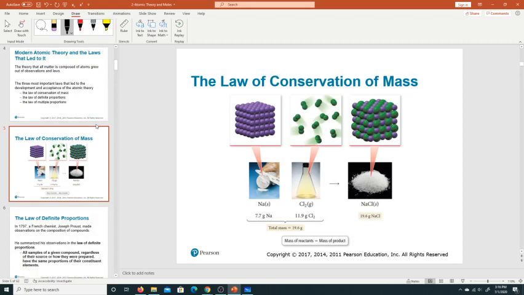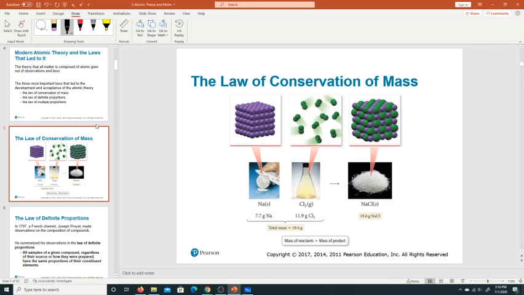Law of conservation of mass. We attribute this to Antoine Lavoisier. He's known as the father of modern chemistry. And the whole idea here is that if you know the mass of, say, one component and the mass of another component, and you're making a compound from this, basically the sum of the parts equals the total. That's the whole idea here.